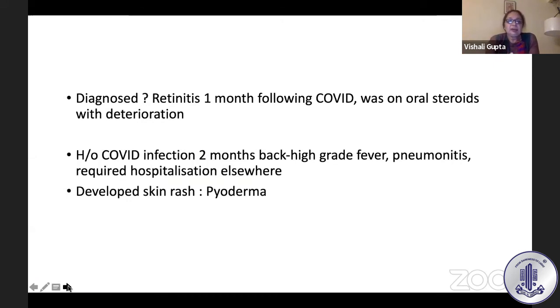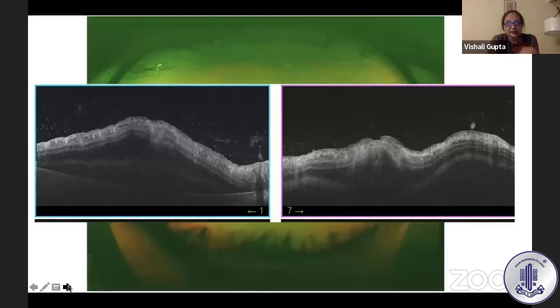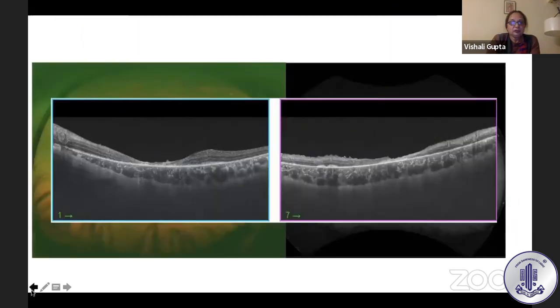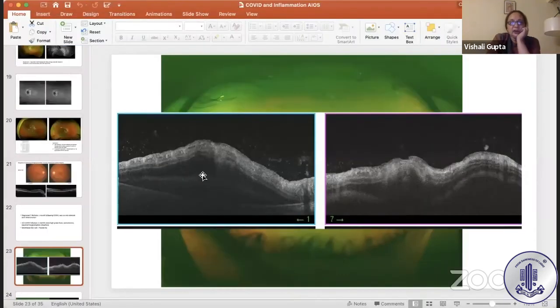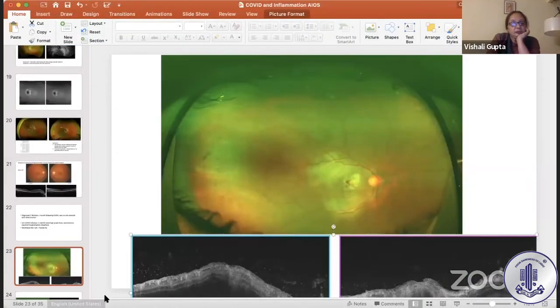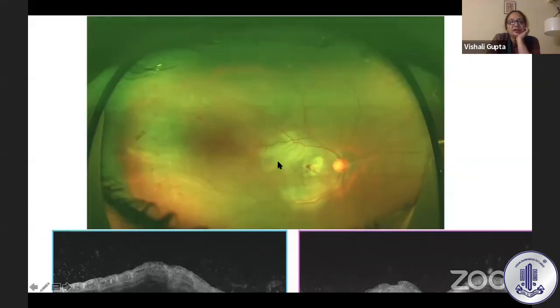Then he develops COVID. And 1 month after COVID, he was on oral steroids because of deteriorating vision. He came to us for a second opinion with a query of retinitis.